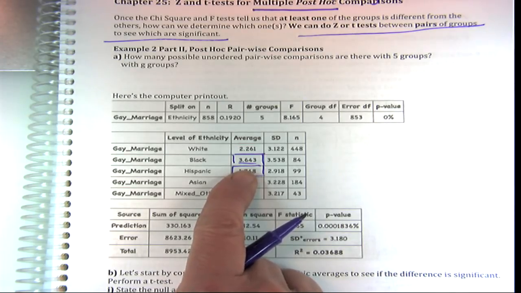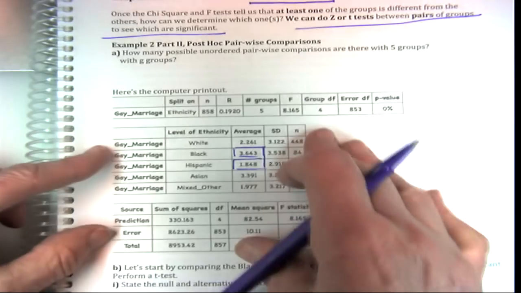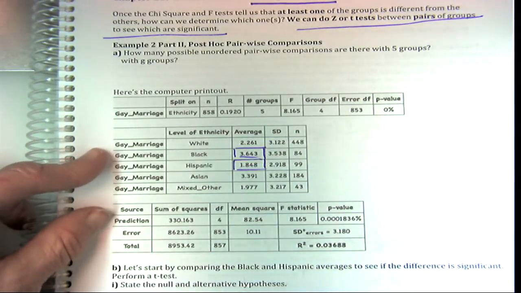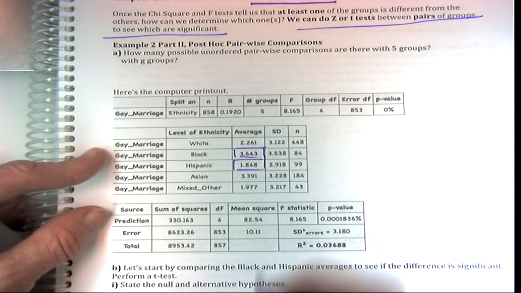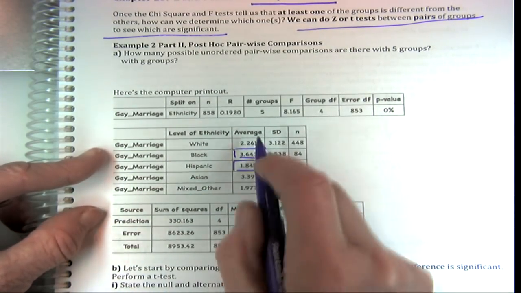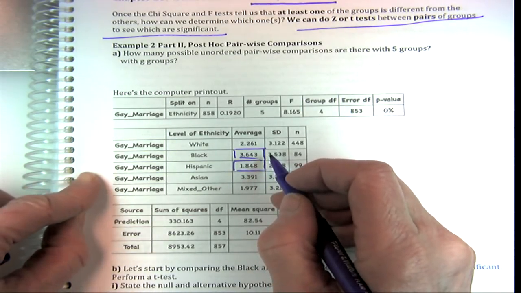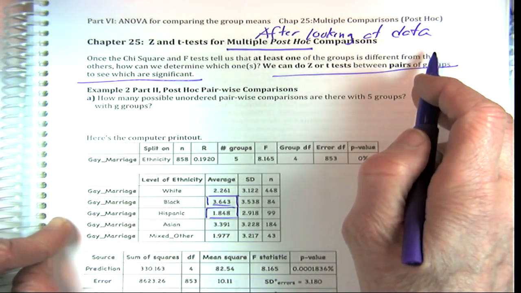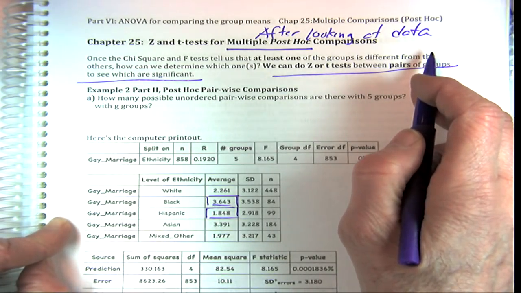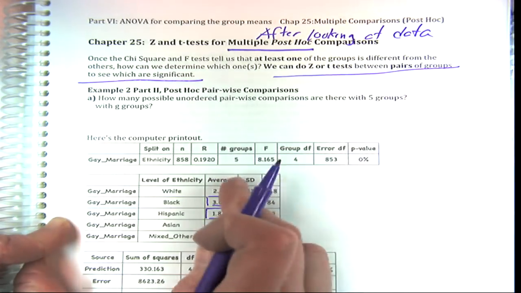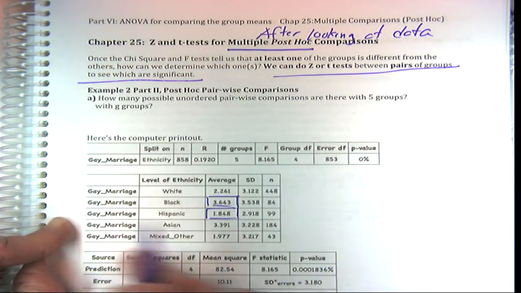And we want to see if it's significant. But we looked after the data. We didn't make a hypothesis ahead of time. We looked through all these, and I found the biggest and the smallest, and I said, oh, let's test this one. So that means after looking at the data. So what you have to do is adjust for all the possible comparisons.